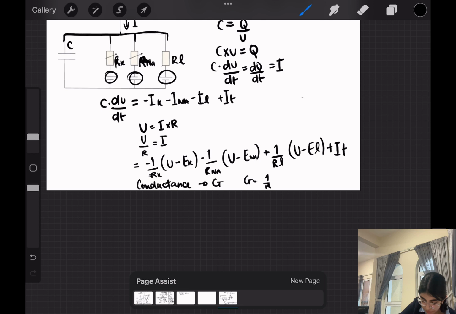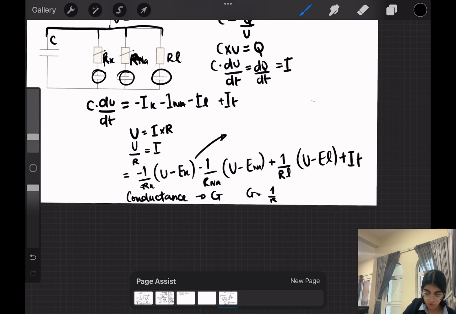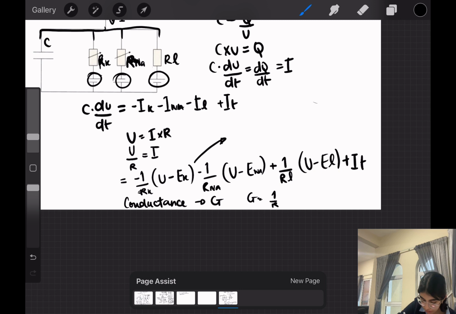If we input G into this, we will get GK times, I will leave a gap here, times U minus EK, minus GNA times U minus ENA, and I will have to go to the next line, minus GL for the leak times U minus EL plus IT.